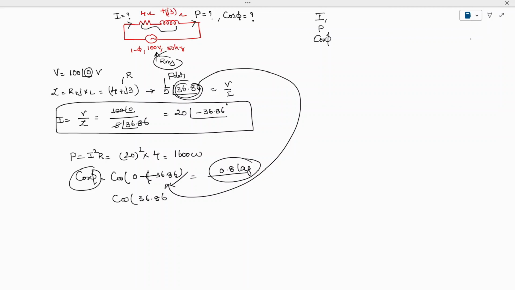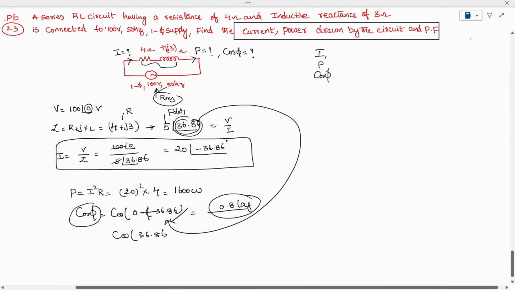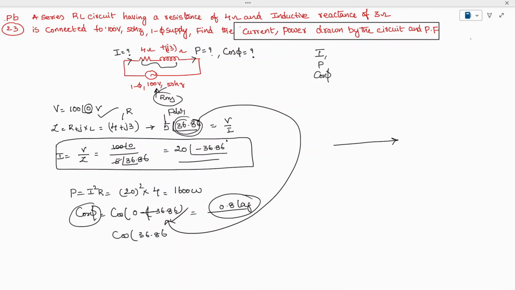Now let's try to draw the phasor diagram, where you can understand better. For voltage, we have to take the RMS quantity. This is maintaining a voltage of 100 volts at an angle 0. But when you see the current, the magnitude is 20 and the phase angle is minus. Whenever we get minus, we have to come in the counterclockwise direction.